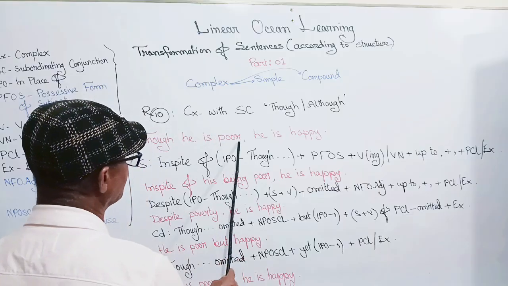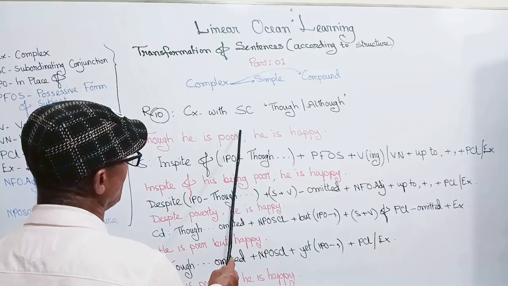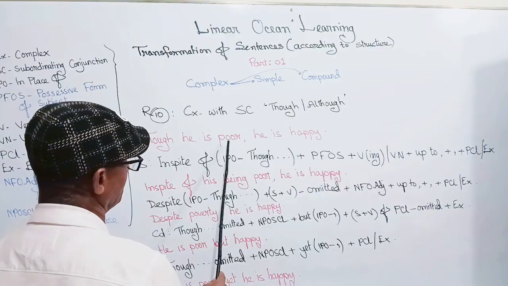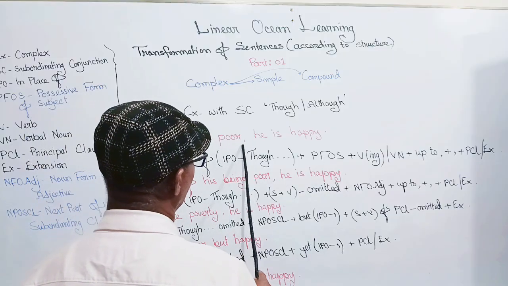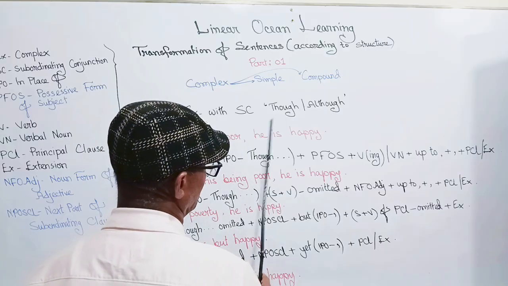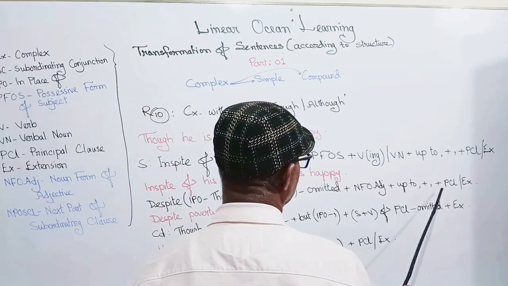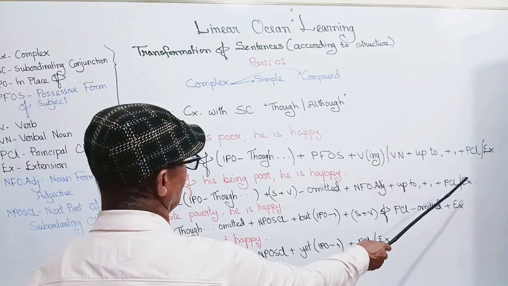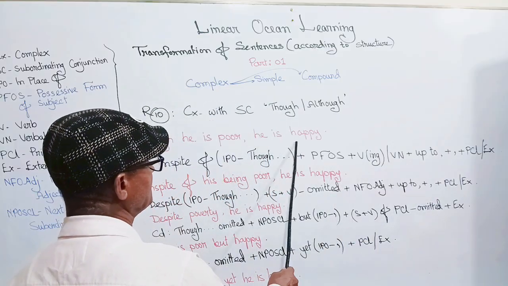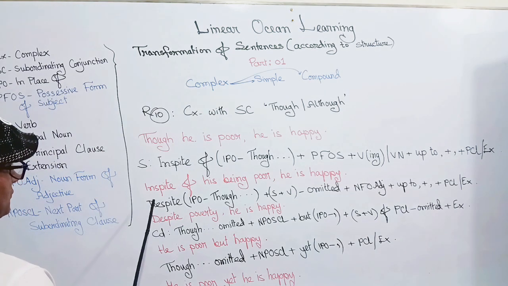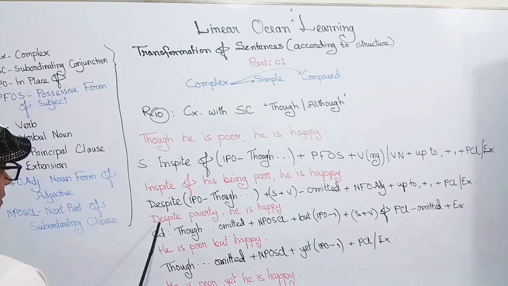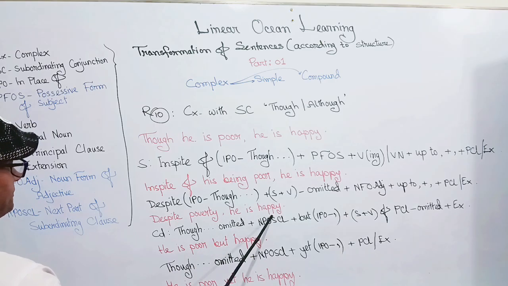If there is an adjective, then we will have to write the noun form, and the noun form of poor is poverty, plus up to comma, then plus comma plus principal clause or extension. Here principal clause is happy. So if we follow the structure of simple sentence with despite, then it will be this: despite poverty, comma, he is happy.